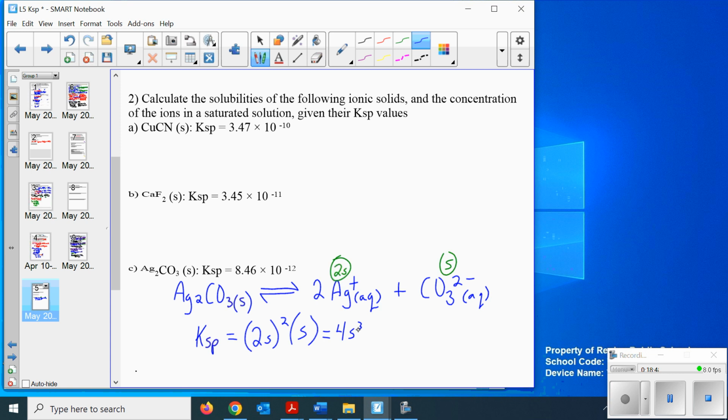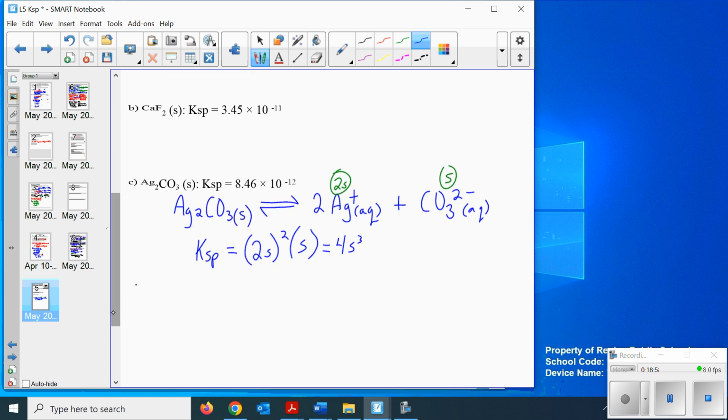On this problem, I gave the Ksp value, and we're going to have to find the solubility and the concentration of these ions. So here we go. 8.46 times 10 to the minus 12. I'm replacing the letter K in Ksp. We won't use units until we finalize our answer. That equals 4S cubed.